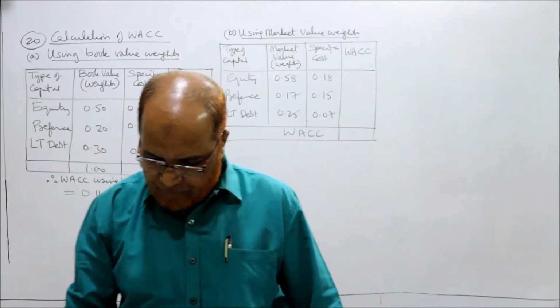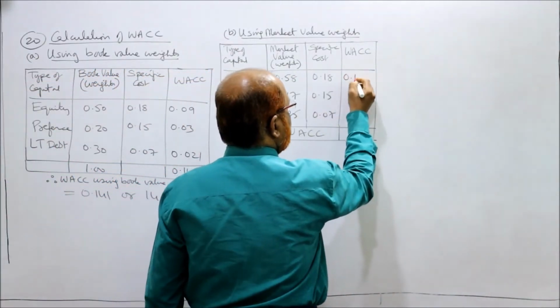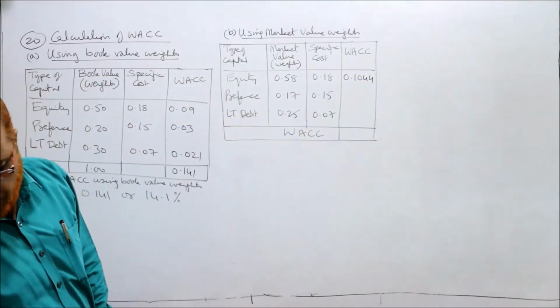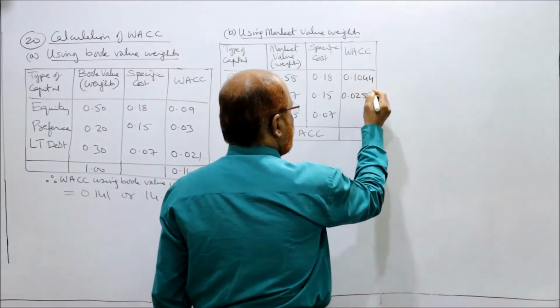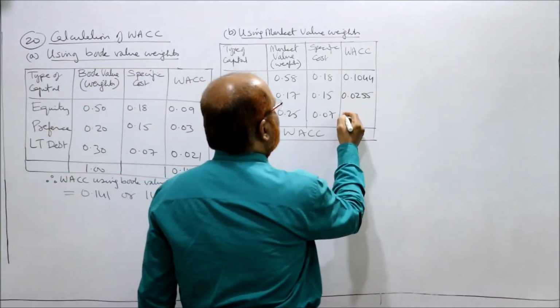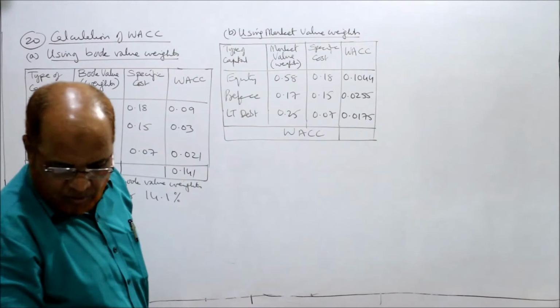Now multiply. 0.58 into 0.18, you will get 0.1044. Next, 0.17 into 0.15, 0.0255. 0.25 into 0.07, 0.0175. The total is 0.1474.